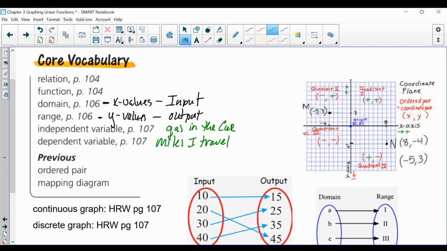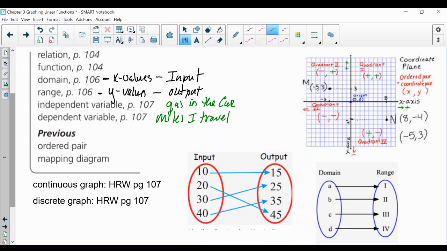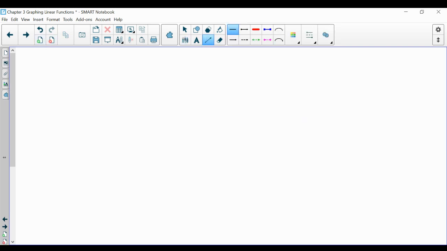The next thing I want to talk about, and I know that you have been exposed to this before, is ordered pairs. An ordered pair is just 2 points on the coordinate grid. I'm just going to draw a coordinate grid here and talk about it.